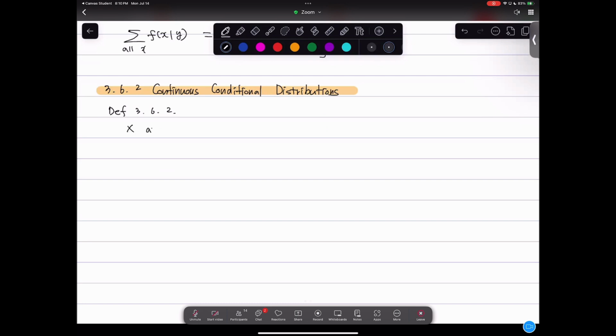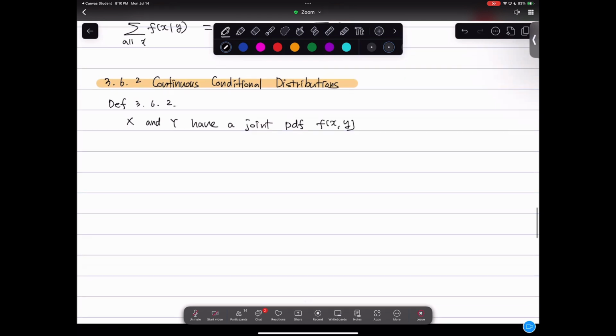So x and y have a joint probability density function. In the continuous case, the conditional PDF of x given y equals y is defined as below.